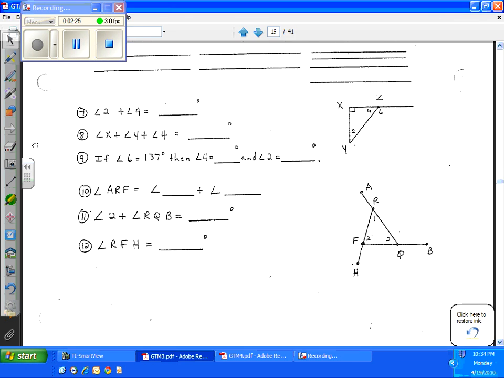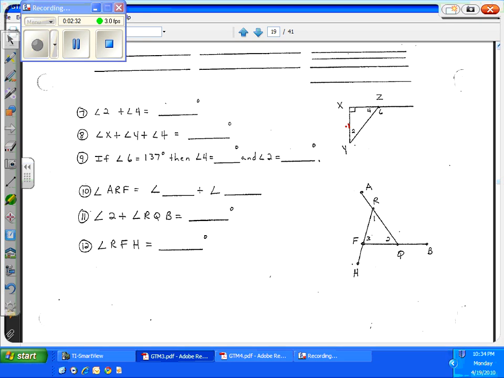Number 7, angle 2 plus angle 4. Well, from the corollary, we know that these are the acute angles of a right triangle.